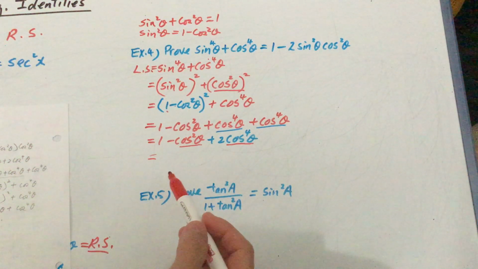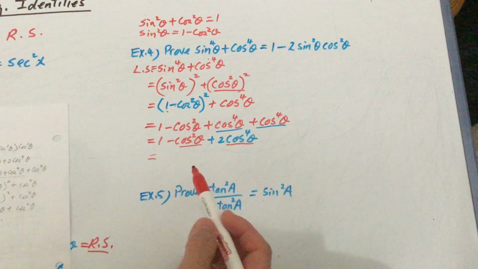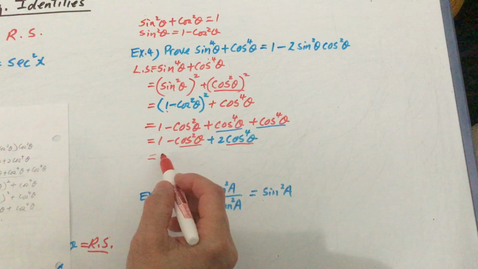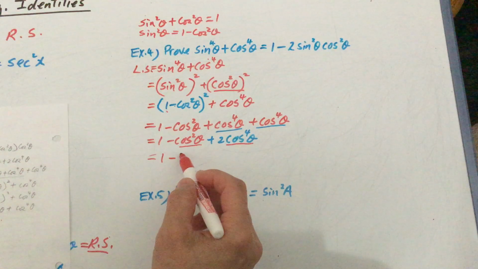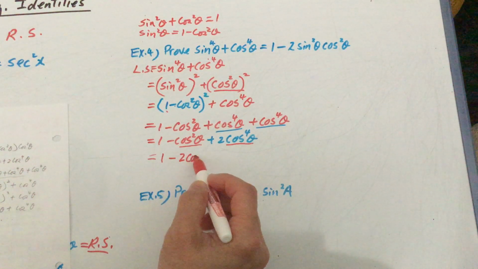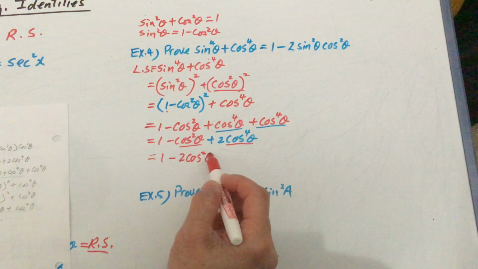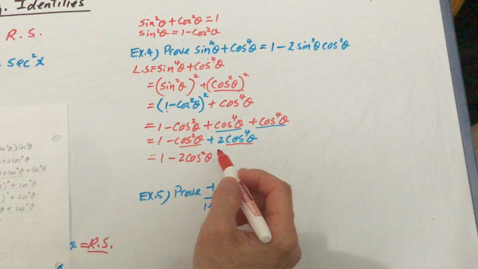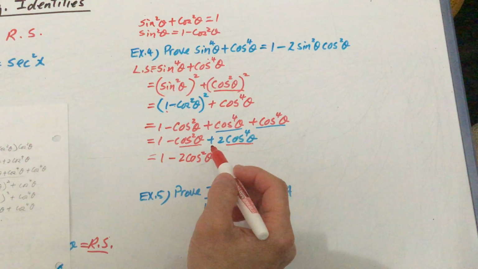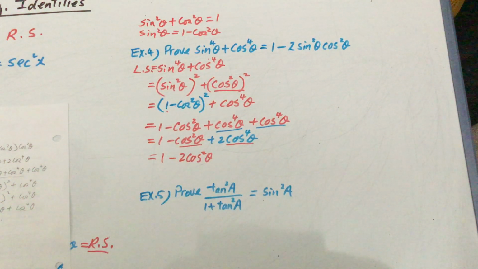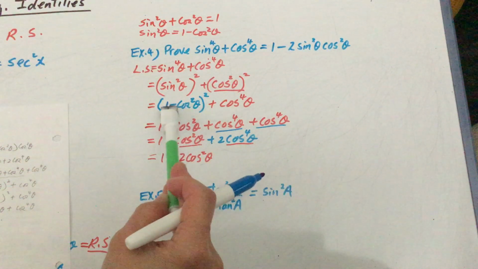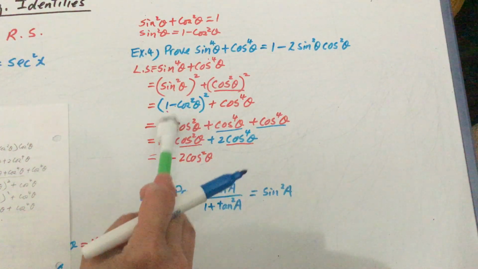So what I can do is take the 2 cos squared theta as a common factor. There's one thing I forgot over here: when I expand this, this is supposed to be a 2.